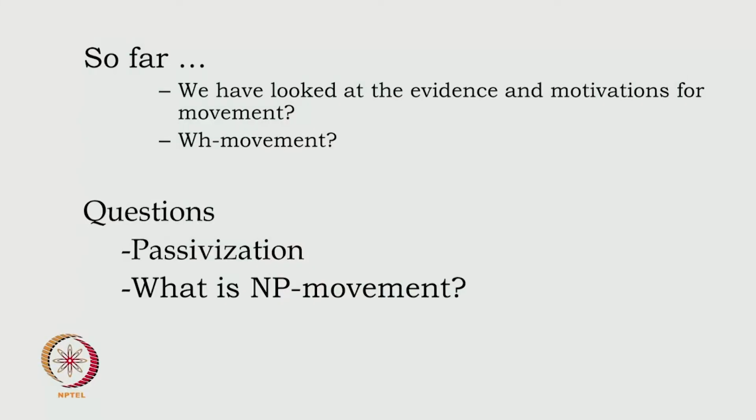Am I right? So, when we see such examples, we are looking at evidence and motivations together, right? We have already looked at one particular kind of evidence, which is WH movement, right?